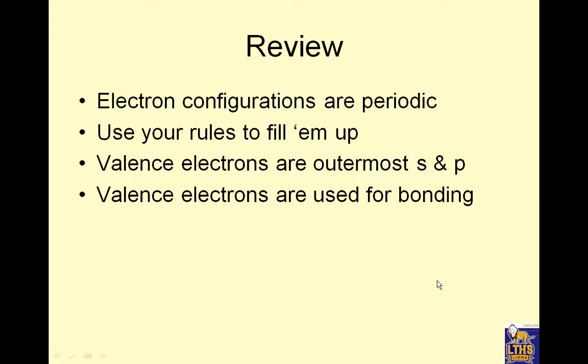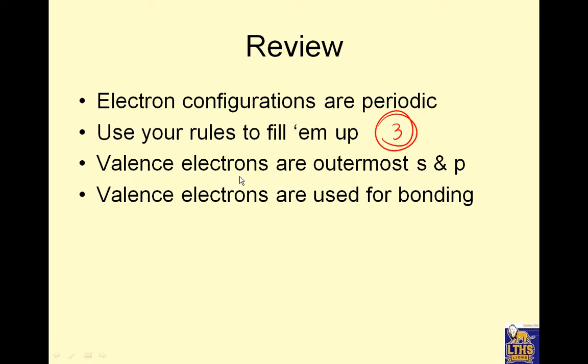And here's your review, okay? So here's what I want you to remember. Electron configurations show a periodic pattern, and that's what this unit's about, okay? Use your 3 rules. There are 3 rules to fill up the electron configurations in the orbitals, okay? Valence electrons are outermost S and P electrons.